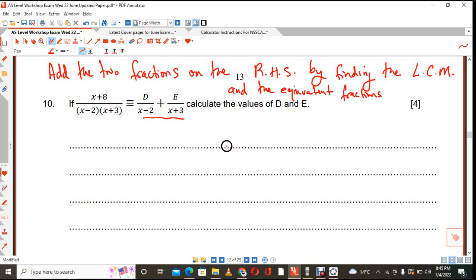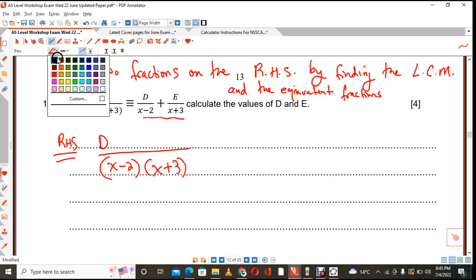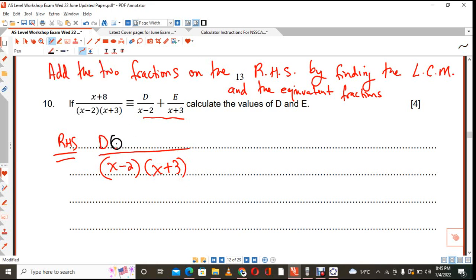So the one on the right hand side, I'm going to say d over x minus 2, and e over x plus 3. This d is going to get x plus 3, okay.